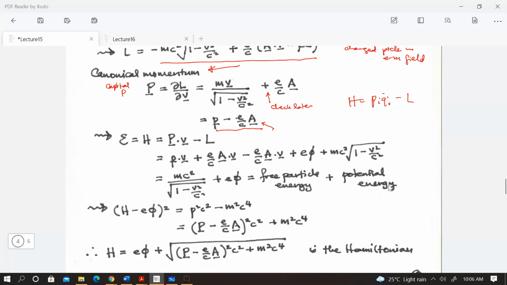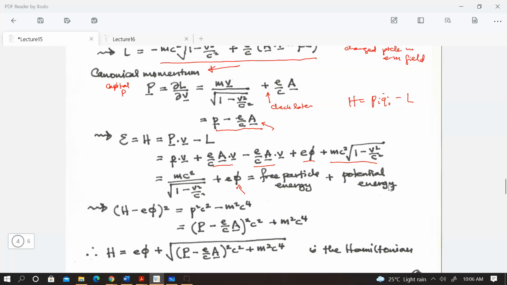Somehow my plus and minus sign is everywhere. I'll check this later, but somehow this will cancel off that, and I'm left with this E phi plus the mc squared. And this one combines with that to give you the relativistic energy.